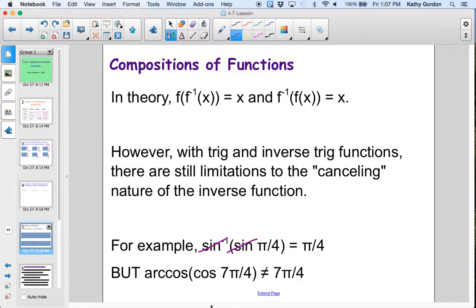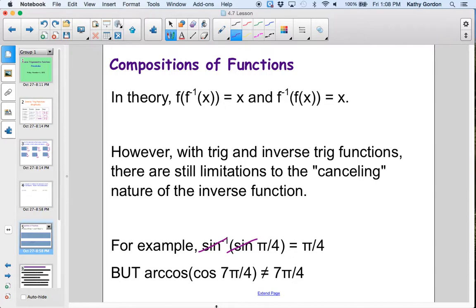But 7 pi over 4 is not allowed as an answer to an inverse cosine. It's outside of the range. See what I mean? Okay? So because this is outside of the range for the kind of answer that's allowed for an arc cosine, for an inverse cosine, I cannot just cancel this time.